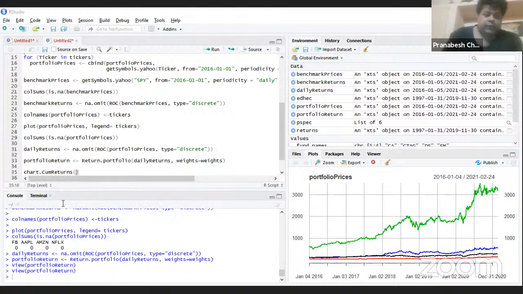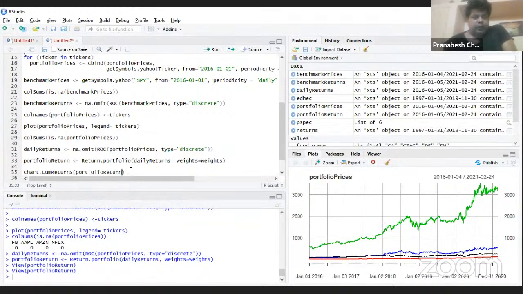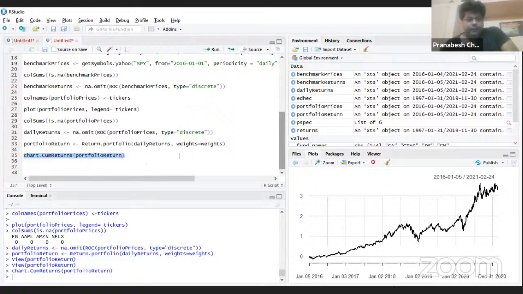So I want to get the cumulative returns on my portfolio. Let me see how the cumulative portfolio return looks. So this is my cumulative portfolio return. It is going up and up and up. So I am happy with my portfolio because it's on an upward trend and not a downward trend.